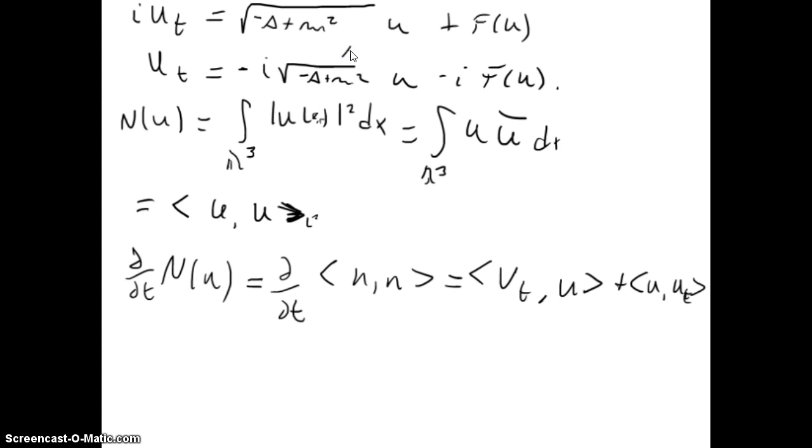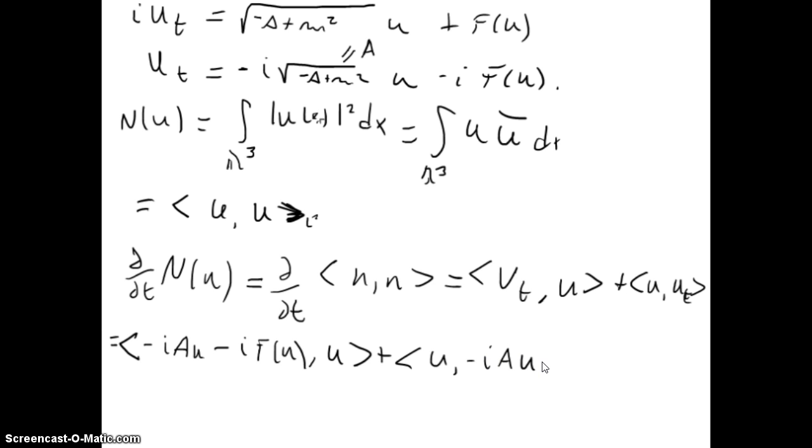Let me call this equation (a) and use it. Now when we put u_t, we will have that this is equal to minus i A u minus i f(u), comma u, plus u, and then again minus i A u minus i f(u).